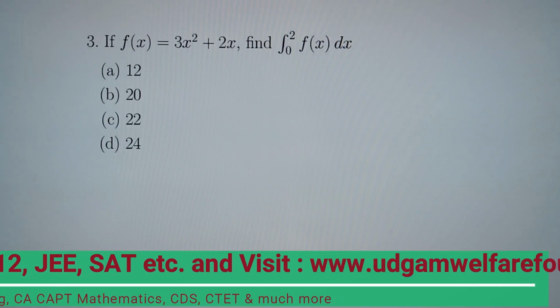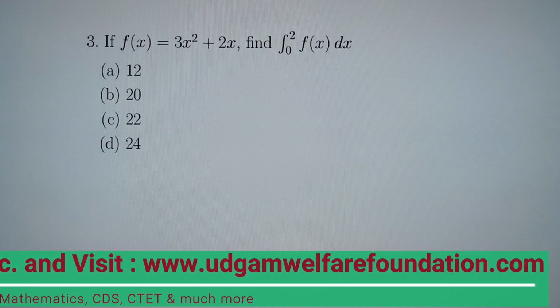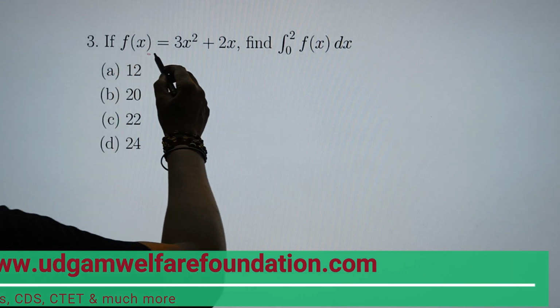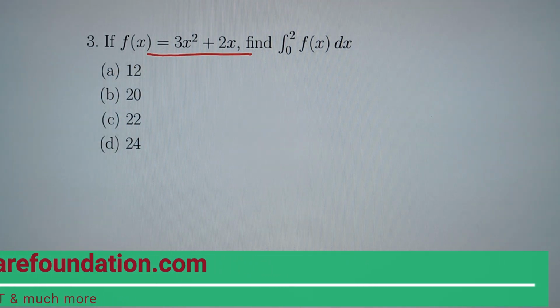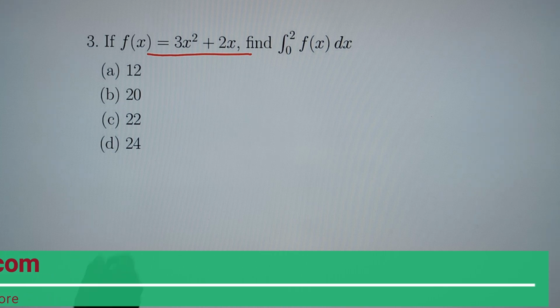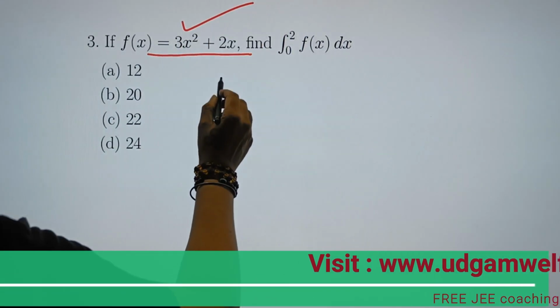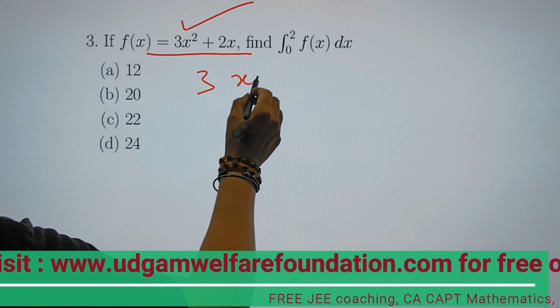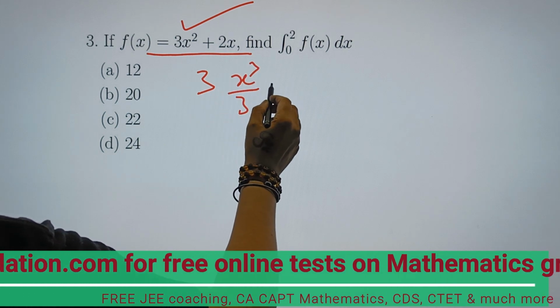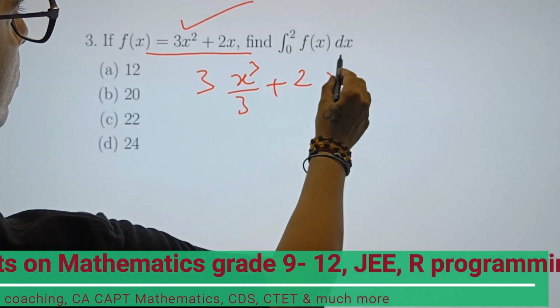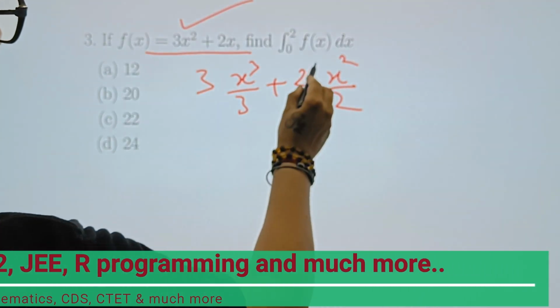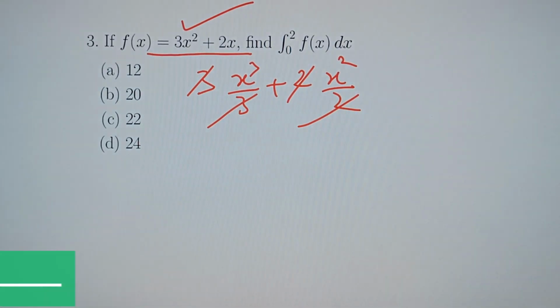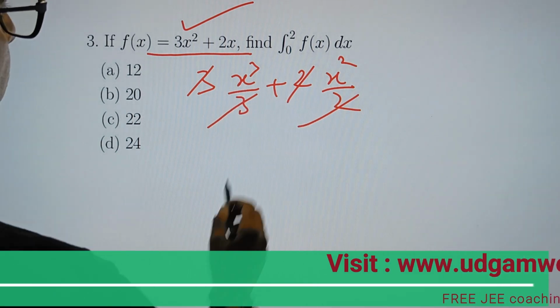So students, this is our question number 3 of this case study, which states that f(x) equals the function given here. You have to find integral 0 to 2 of f(x) dx. So let's integrate this function. We are getting 3 into x cube upon 3 plus 2 into x square upon 2. Now these cancel, so we are having only x cube plus x square.